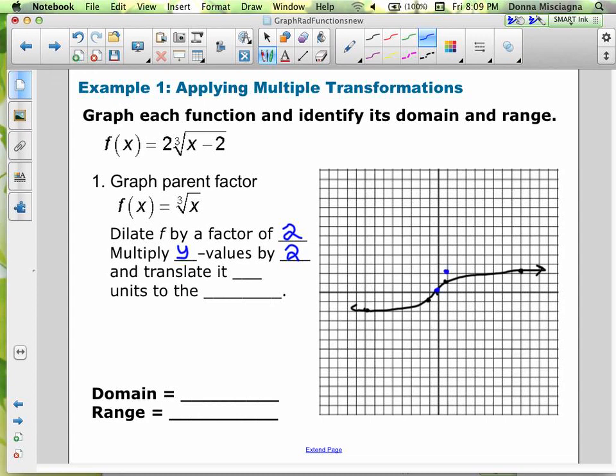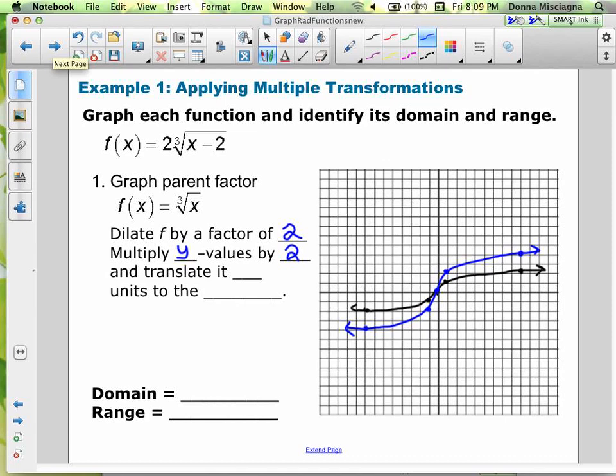If you multiply 2 by 2, that's 4. If you multiply -1 by 2, that's -2. And you multiply -2 by 2, you get -4. So the first thing we do is we graph the dilation. You have to do the dilation before the translation, otherwise it won't be the same graph.